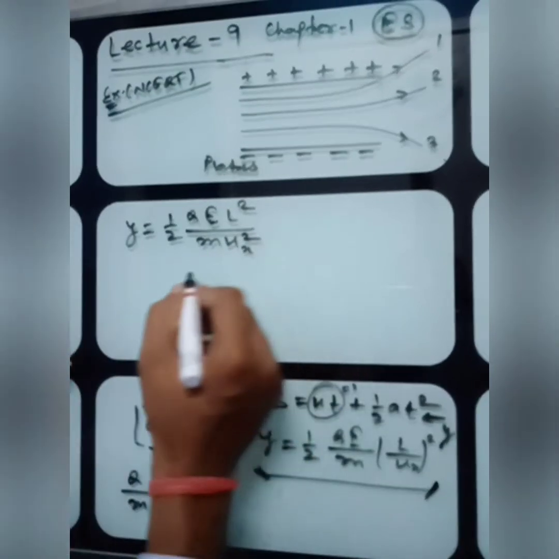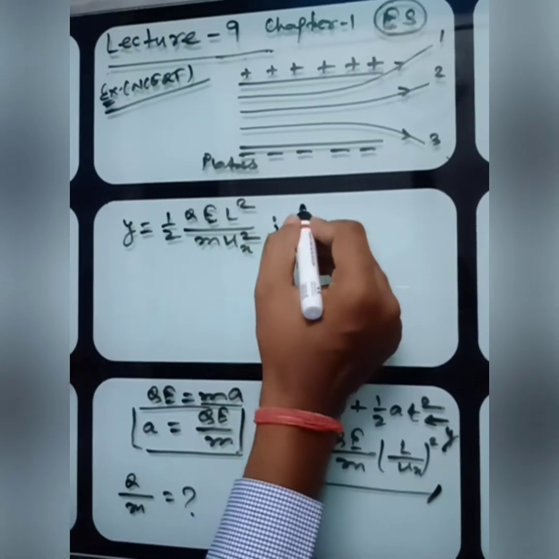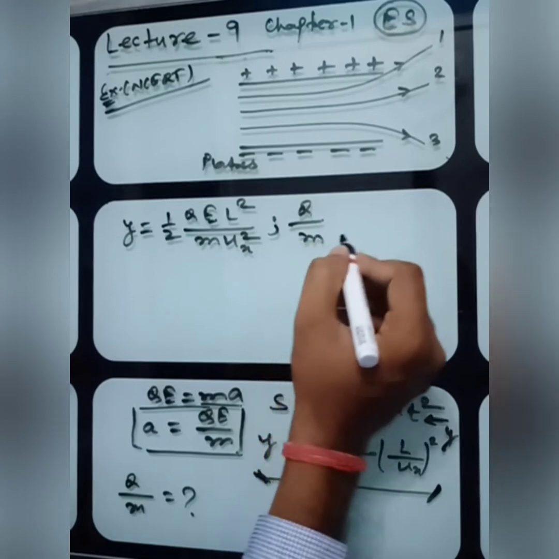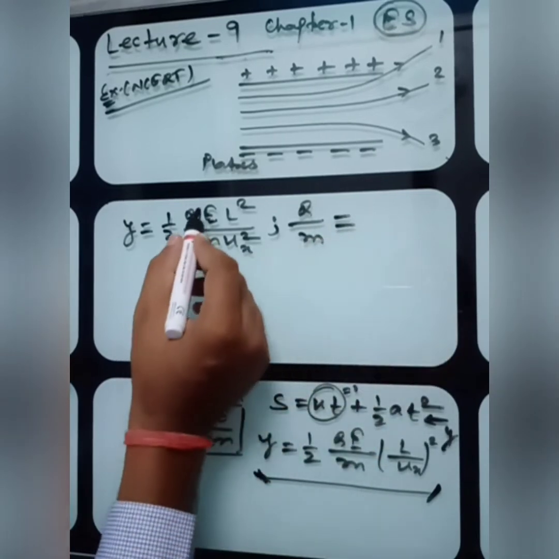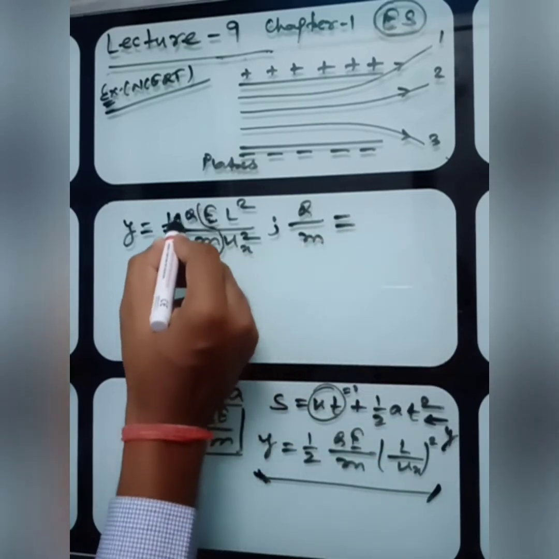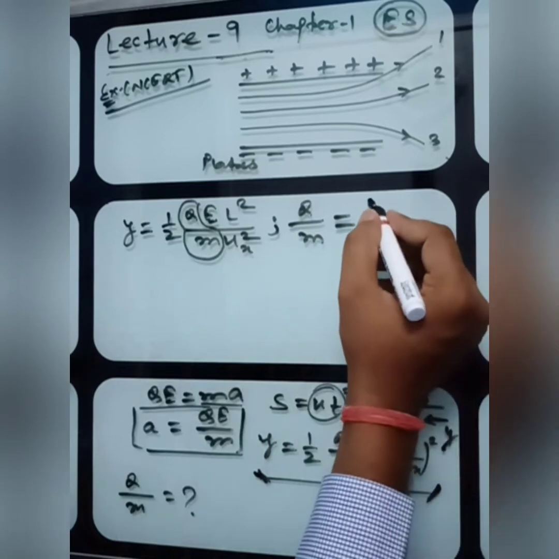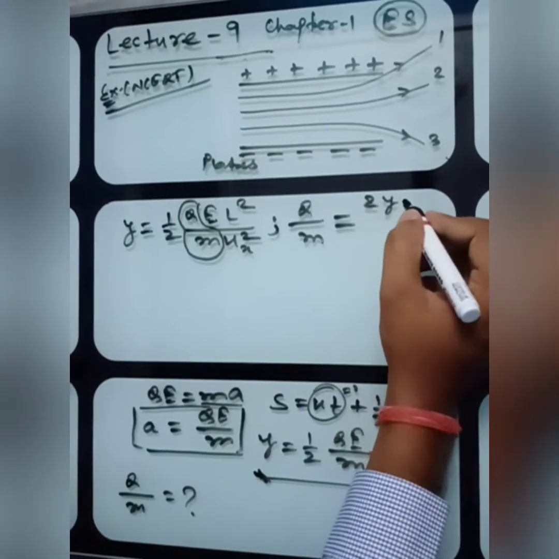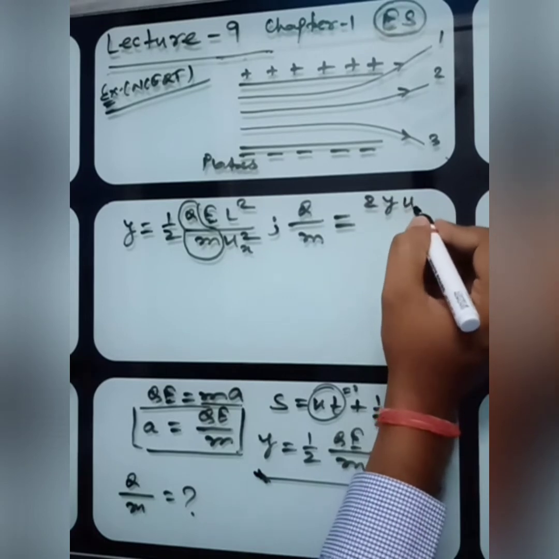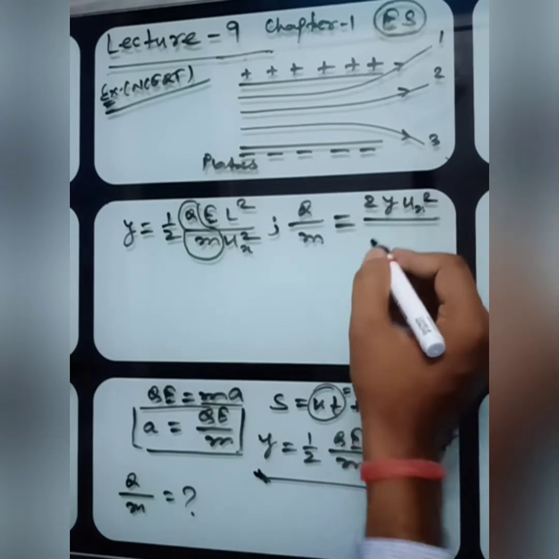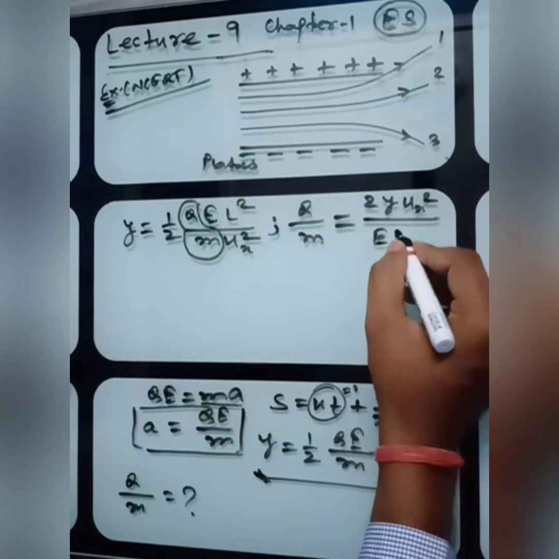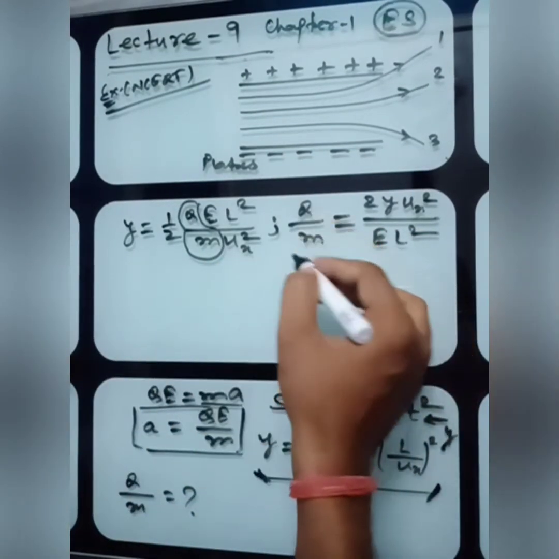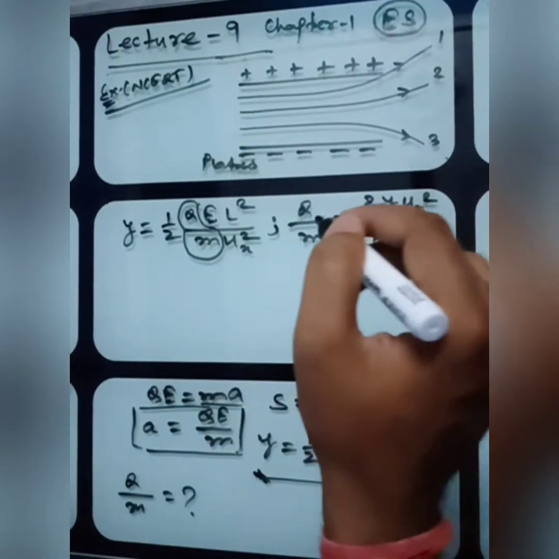It is along the x-axis, and the charge by mass Q by M can be written as 2 y u x square divided by E L square. Okay, so this is the charge by mass ratio.